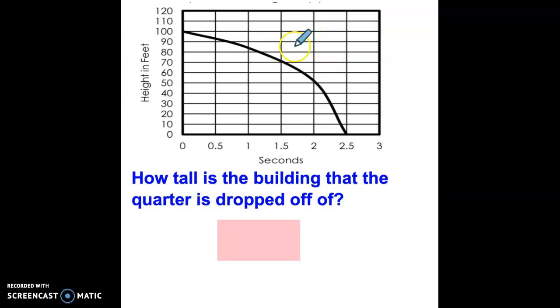So you want to be looking at this point right here. At 0 seconds, how high is the quarter? That will tell you the height of the building. And there the answer is 100 feet. So the building that this quarter is being dropped off of is 100 feet tall. And this point right here where the smiley face is at, that is actually the vertex of this parabola.